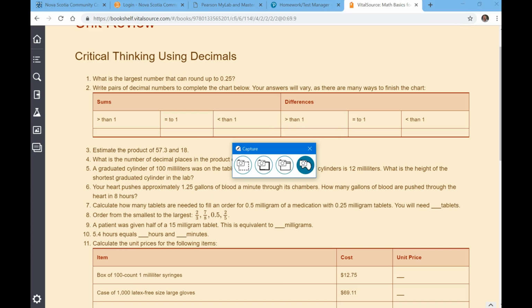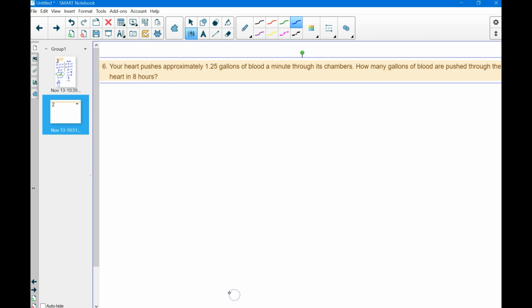Let's look at this word problem here. It says your heart pulses approximately 1.25 gallons of blood a minute through its chambers. How many gallons of blood are pushed through your heart in 8 hours? How do you think we're going to approach that one?